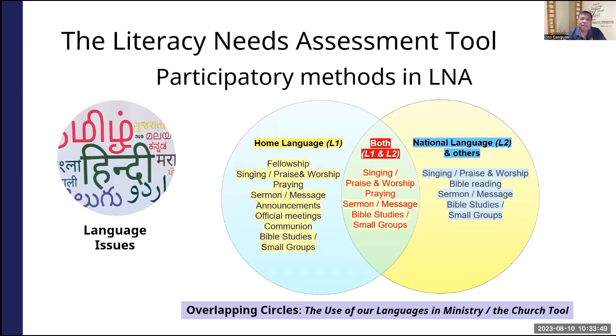So they can place it in the middle section of the overlap. And we can notice that it's actually quite similar to a chart, but in this way, we engage the community in providing information for us. So the information is not just coming from the perception of the Bible Society, but from the community itself.